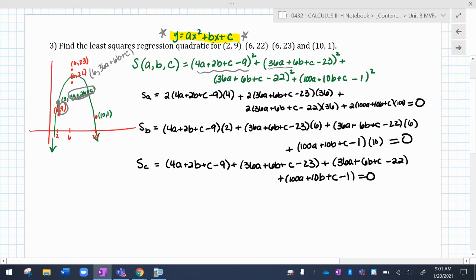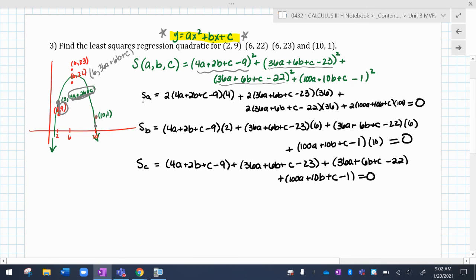So I did 36a plus 6b plus c minus 23, and 36a plus 6b plus c minus 22, because I had two coordinates on that scatter plot with an x value of 6. And then the last point here is 10, 1. So this would be 10, 1, and then this would be 100a plus 10b plus c.